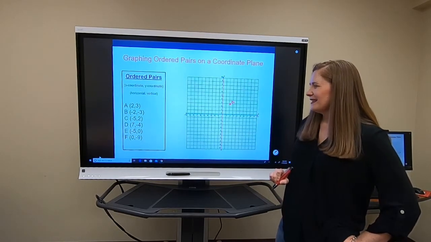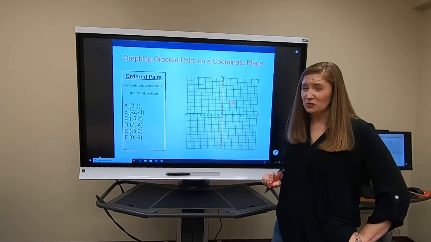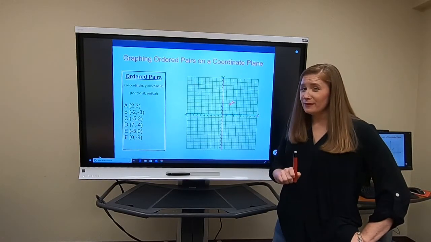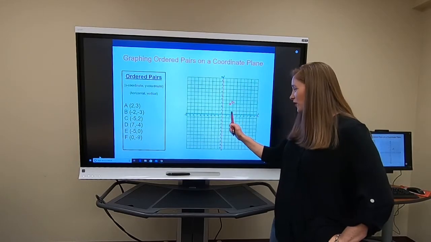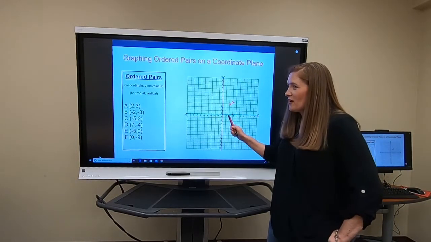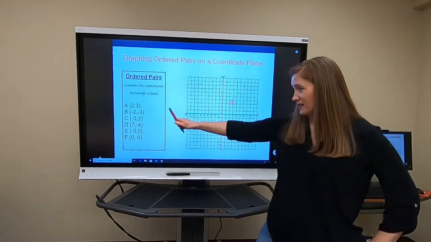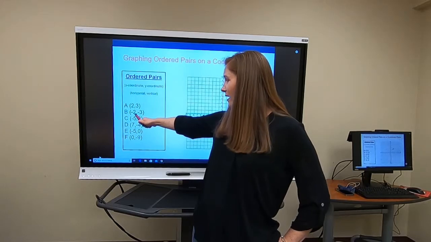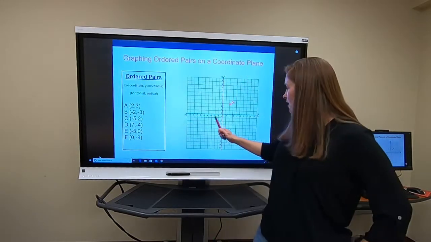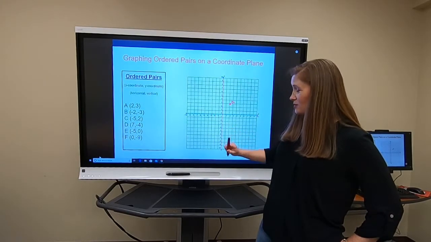Okay? But let's look at point B. -2, -3. Now remember, we have to start at the origin and then go horizontally according to that coordinate. So that's my x coordinate, -2. So it tells me to go to -2, which is backwards.